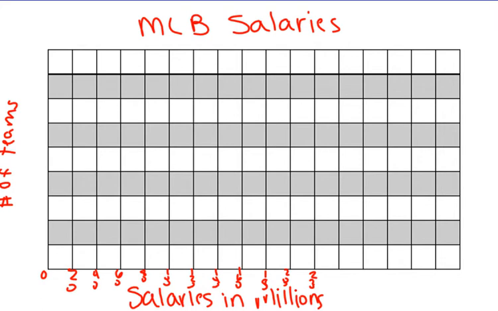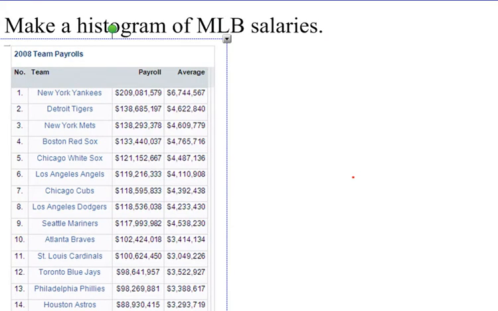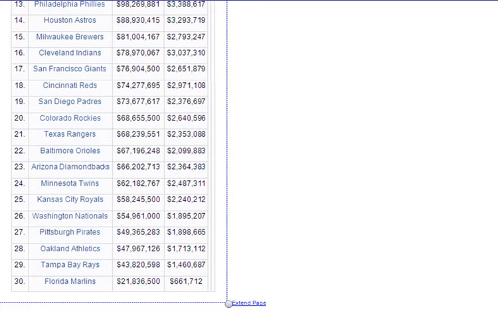So now I'm going to have to go through and count how many teams belong in each section. So I'm going to the bottom of my list. The number of teams that are in the 20 million category is just the Florida Marlins, right? So 0 to 20, 20 to 40, 40 to 60.